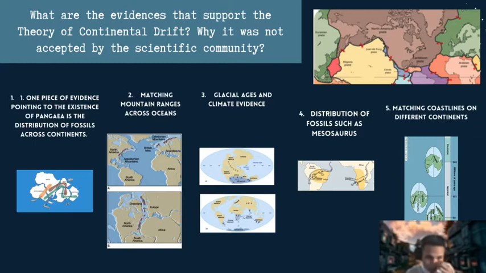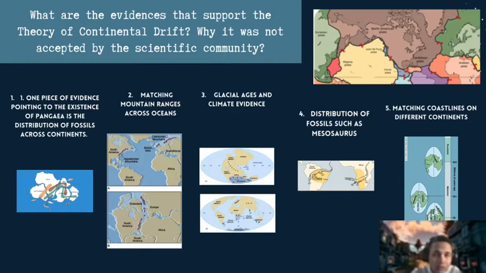Continental drift is a large-scale horizontal motion of continents relative to one another and to ocean basins during one or more geologic periods. The person who published this theory was a German meteorologist named Alfred Wegener.